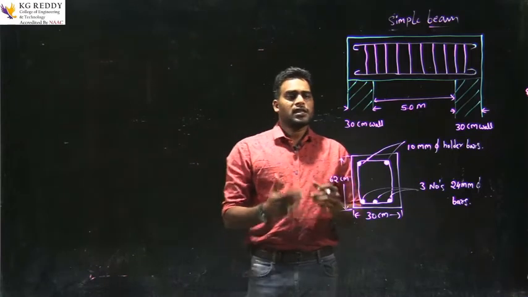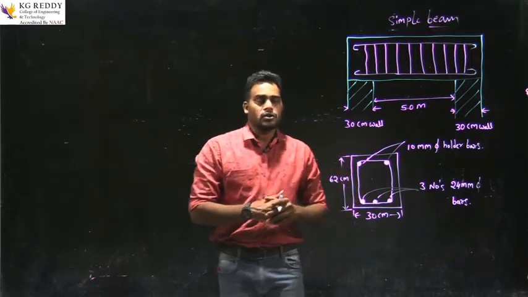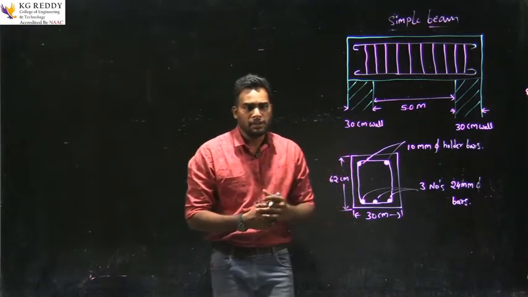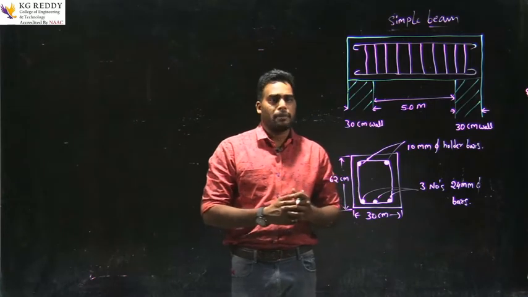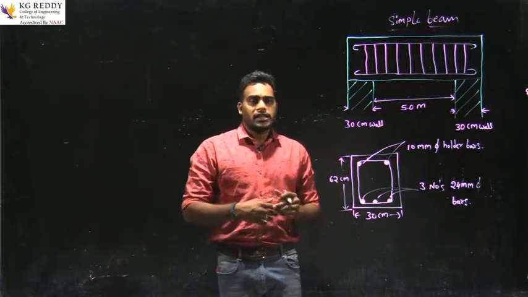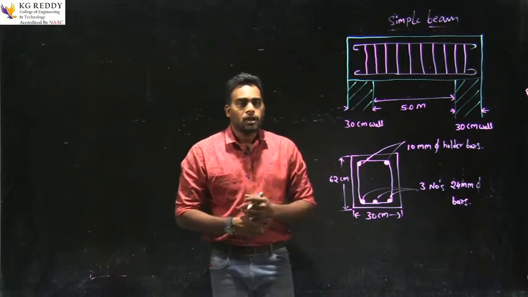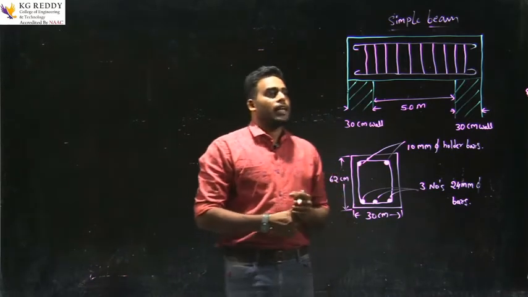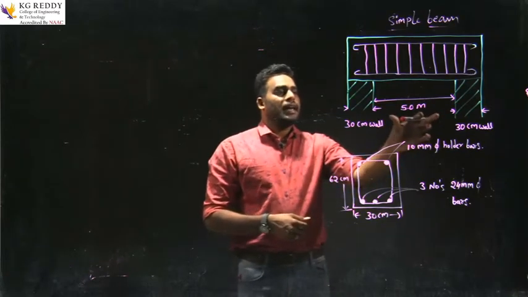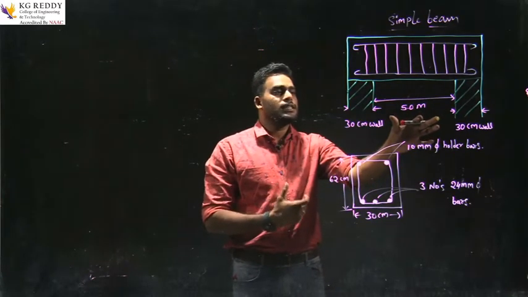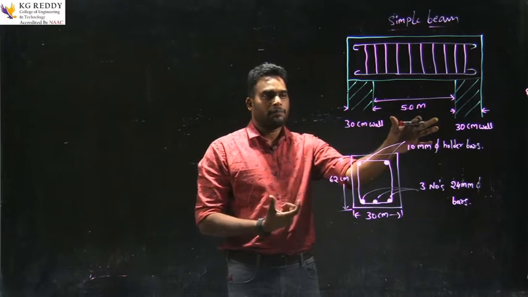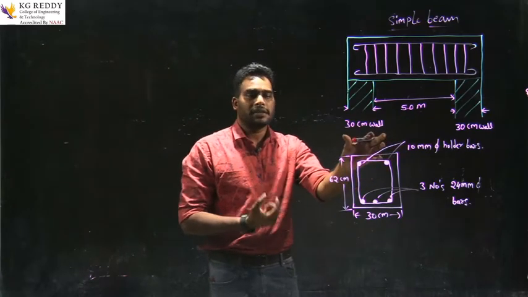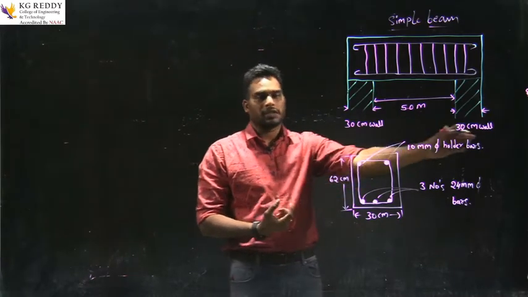First of all, we will check the dimensions he has given in the simple beam. Once we check the dimensions, after that we will start the calculation of how to solve the quantity of steel in a simple beam. Here he mentioned the inner distance of the beam is 5 meters, and the wall thickness is 30 centimeters on both sides.